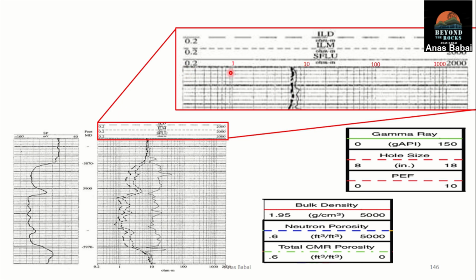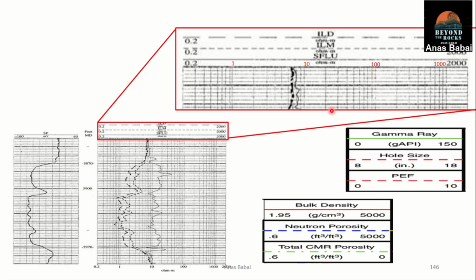So we have 0.2, 3, 4, 5, 6, 7, 8, 9, 1, and starting from here we have 1 and 10, so 1, 2, 3, 4, 5, 6, 7, 8, 9, 10, and from 10 to 100 we have 20, 30, 40, 50, 60, 70, 80, 90, 100, and so on.